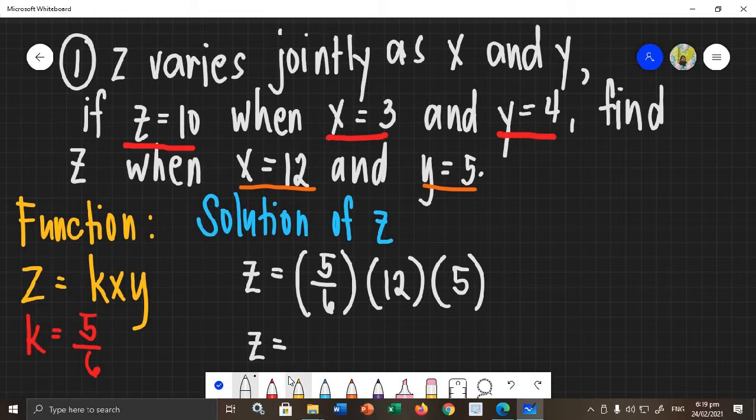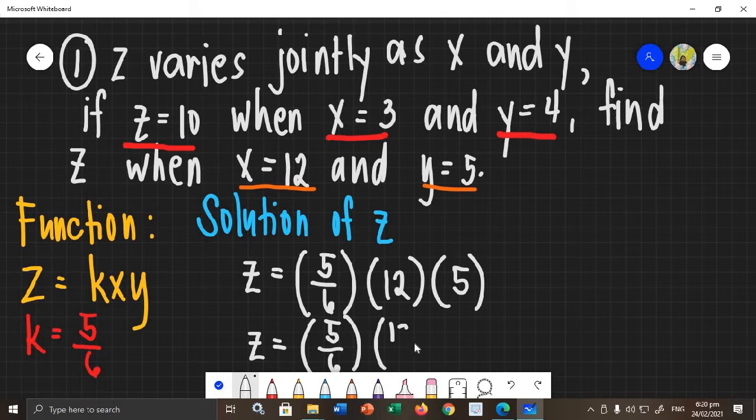So, to find the value of Z, you need to find the product of 5 over 6, 12, and 5. You can just type this in your scientific calculator. Or if you don't have a scientific calculator, I advise that you make it into fractions so that you can multiply the numerators and the denominators.